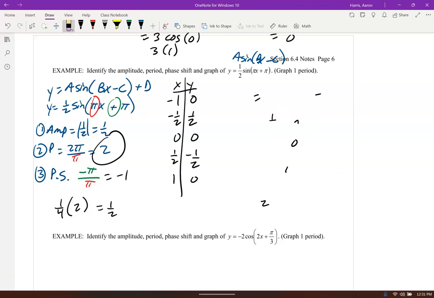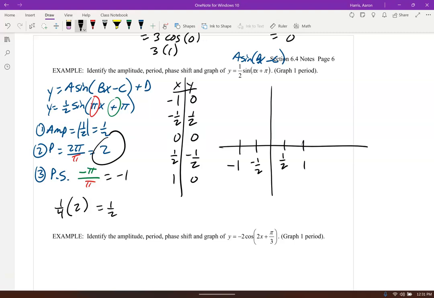And then we could start graphing this thing finally. So we're starting at -1, and we're going up by a half. So the negative a half, then 0, then a half, then 1, and this will show us one whole cycle of the sine.